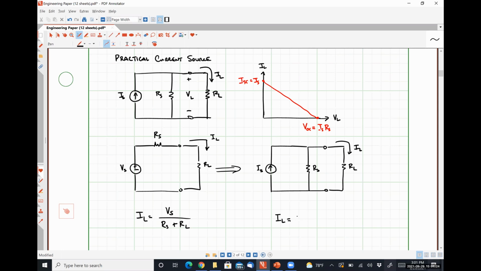So if I use current division, I have IS times 1 over RL divided by 1 over RS plus 1 over RL.